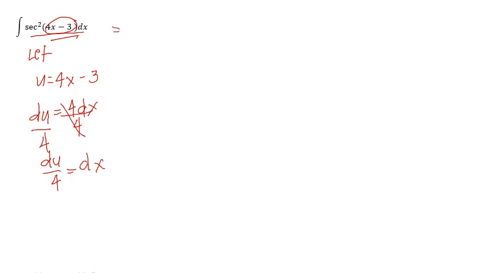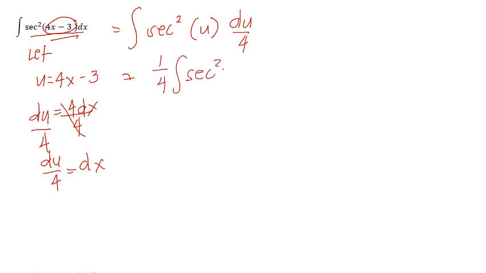Now, if I will substitute 4x minus 3 in terms of u, I just get u, and dx is equal to du over 4. So with that, I will have integration of secant squared u times du all over 4. If I will factor out my constant, I will get 1 over 4 integration of secant squared u du, and the integration of secant squared u du is equal to tan u.